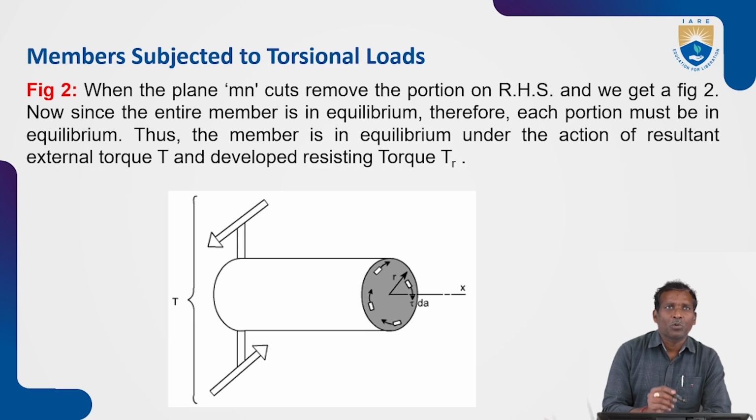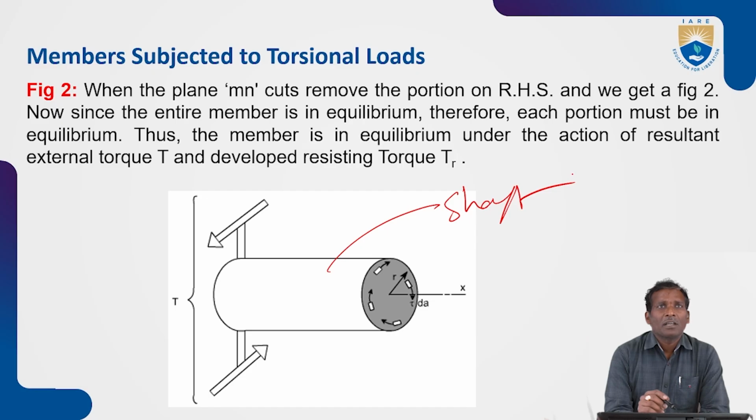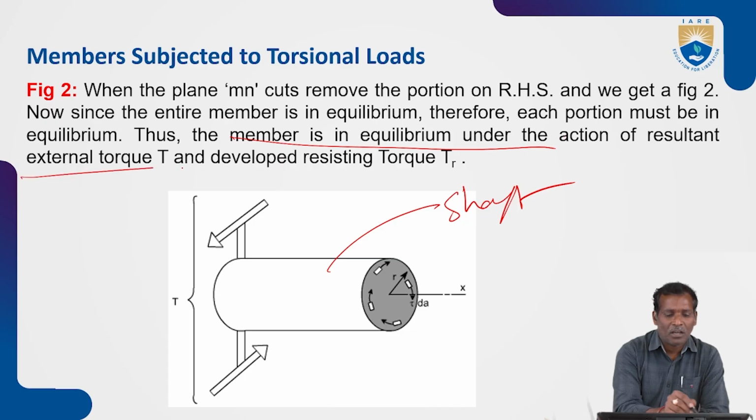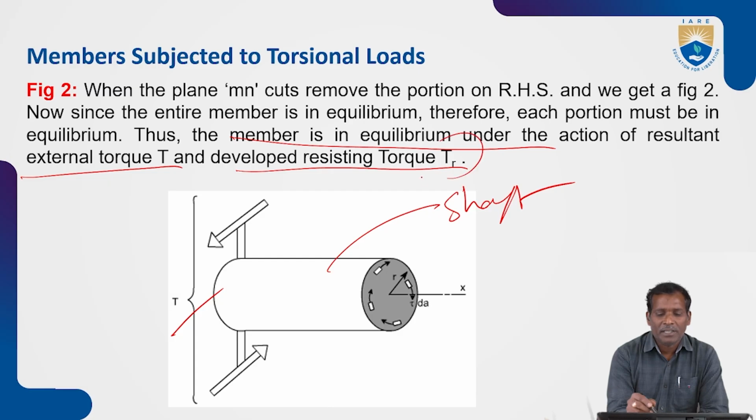In figure 2, where the plane Mn cuts, remove the portion on the right hand side, and we get figure 2. Now, since the entire member is in equilibrium, each portion must be in equilibrium. So the member is in equilibrium under the action of the resultant external torque T, and the developed resisting torque is Tr.